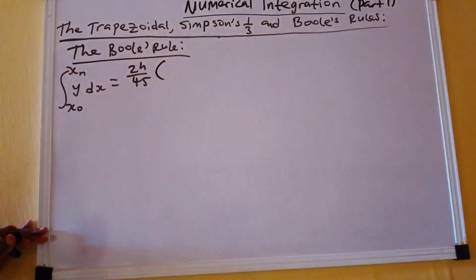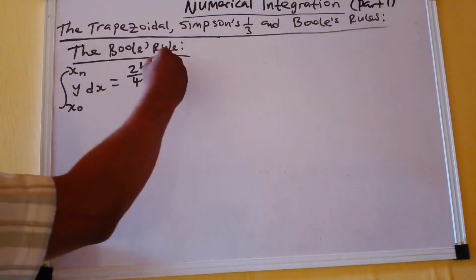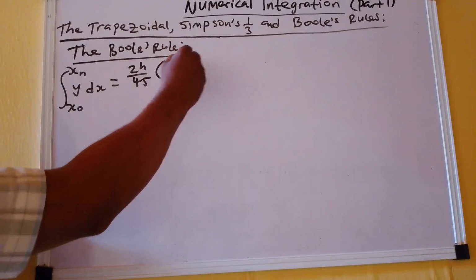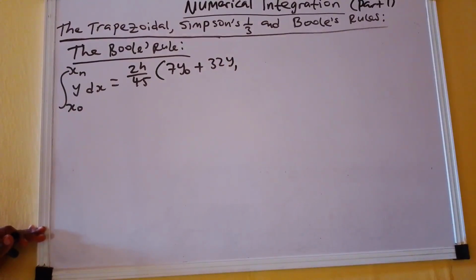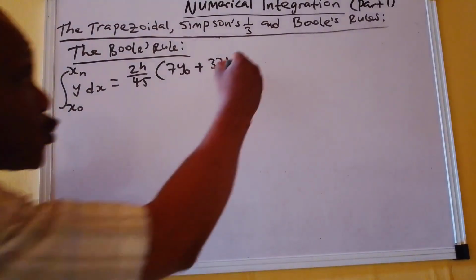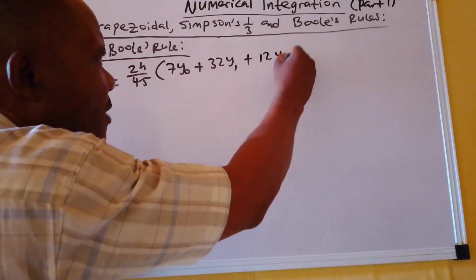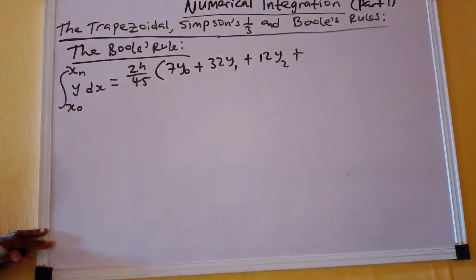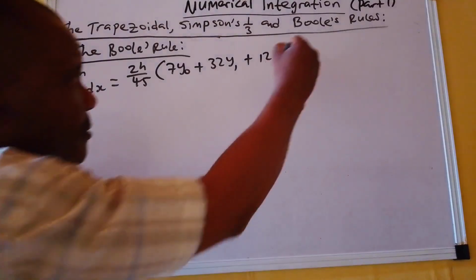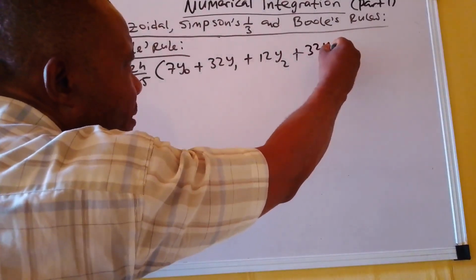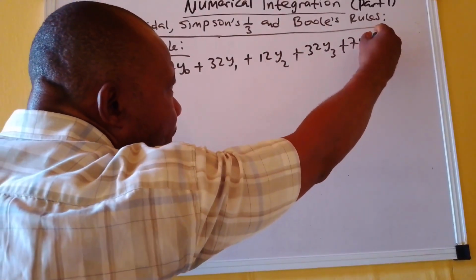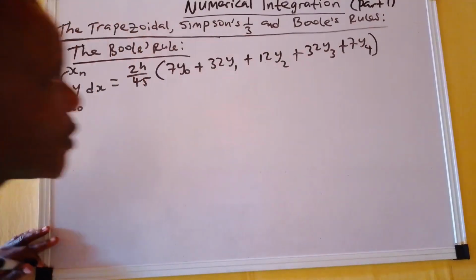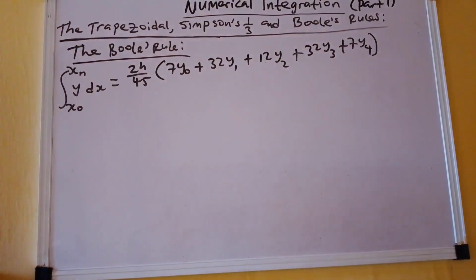All brackets open: you have 7 y naught plus 32 y1 plus 12 y2 plus 32 y3 plus 7 y4. That is the Boole's rule. It was derived setting n equal to 4.